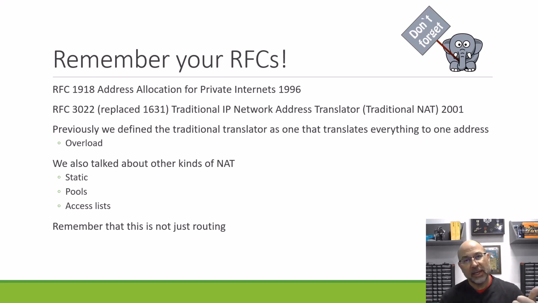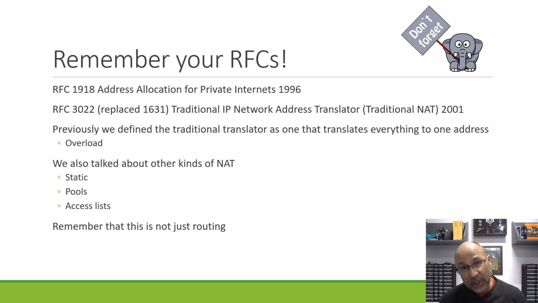From that we get the 10 net, 172.16 through 31, and 192.168. And we also previously sort of defined the traditional translator as one that takes everything from the inside network and translates it to one address on the outside of the NAT box or the NAT router.